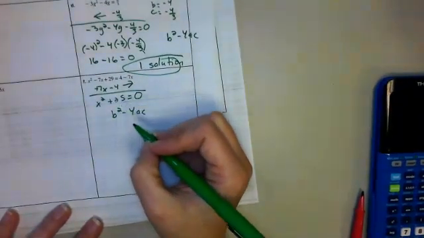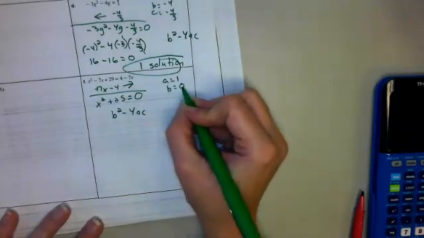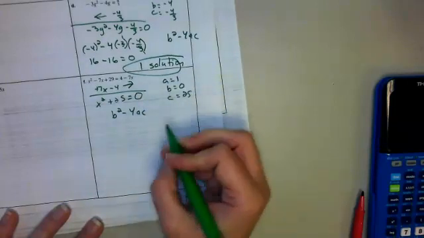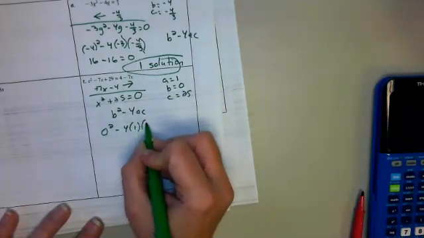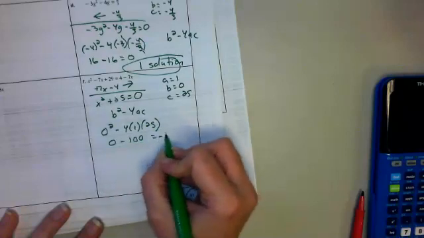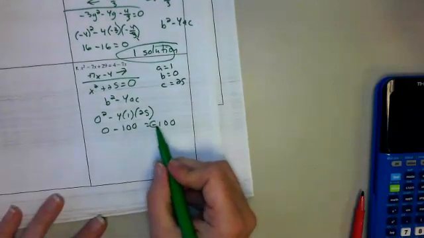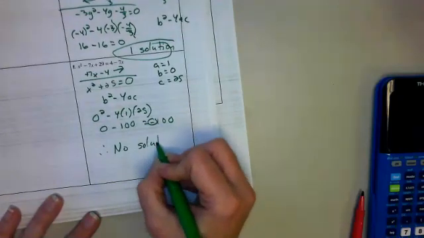Our A is 1. Our B is 0. Our C is 25. So we're going to do 0 squared minus 4 times 1 times 25, which is going to give me 0 minus 100, which gives me -100. We have a negative answer, so we know that there is no solution.